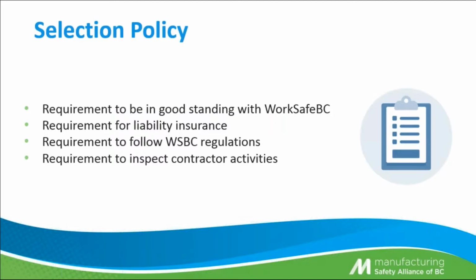Depending on the size of your operation and the complexity of the process, the liability insurance is stated by you, and it could vary between $1 and $10 million of liability for your contractors. A requirement to follow WorkSafe BC regulations is another thing that's required. Remember, there is a requirement to inspect your contractor activities.